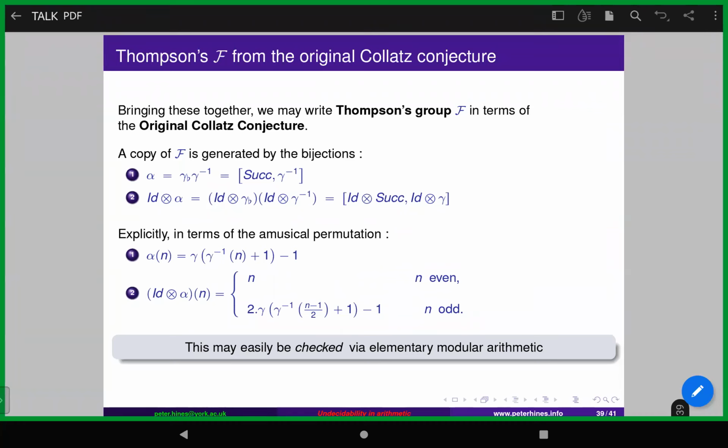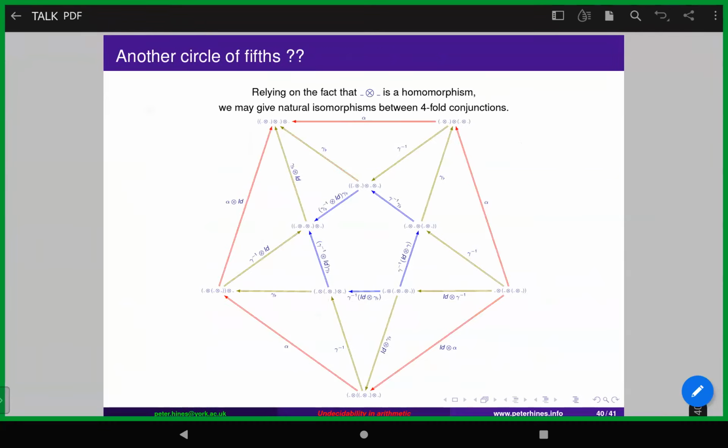Okay. Well, very, very briefly then, I'll simply say that we could take this further. If we were to take it further, we'd start looking at mappings between fourfold conjunctions. And we rely on the fact that our tensor, our conjunction, whatever you want to call it, is a monoid homomorphism.